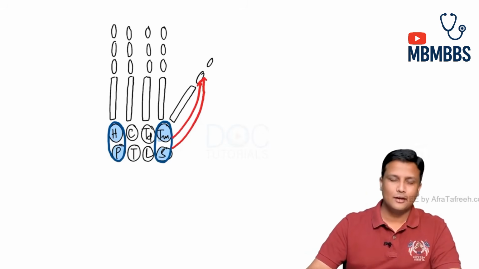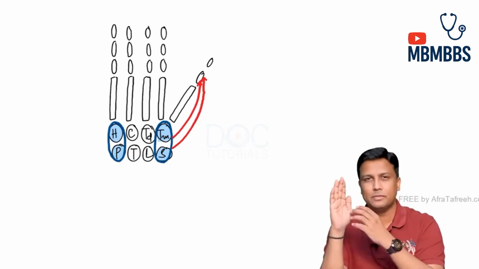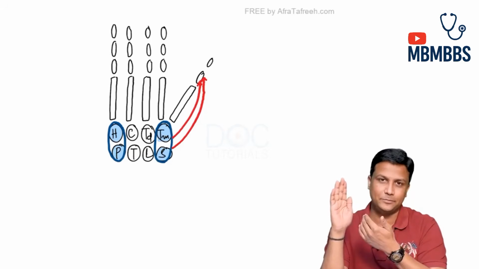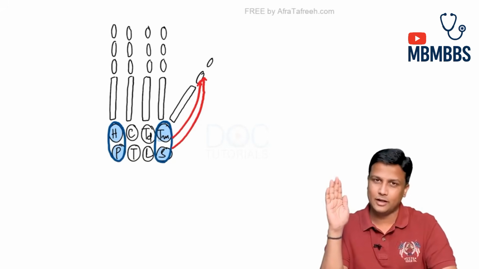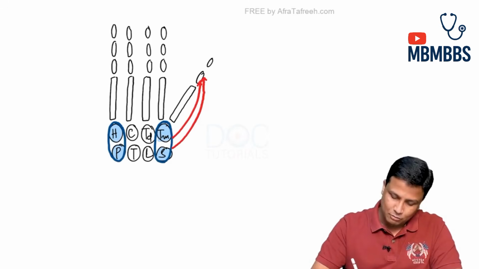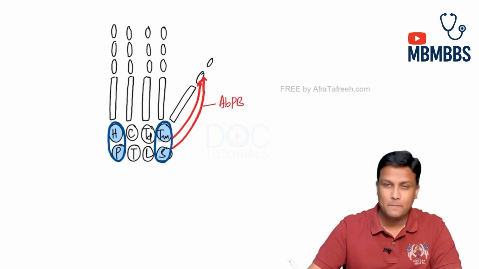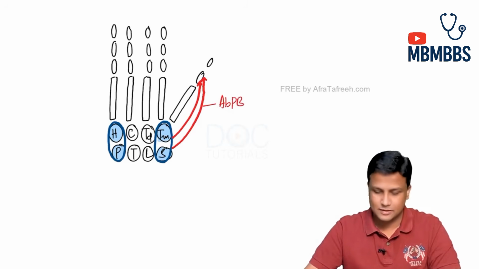Then how come those two muscles will be different? I'll tell you. Again, use the same logic that I told you. In the thumb, which muscle will be more on the outer side, which has to actually do the abduction? The muscle which is present more on the outer side here will be your abductor pollicis brevis.